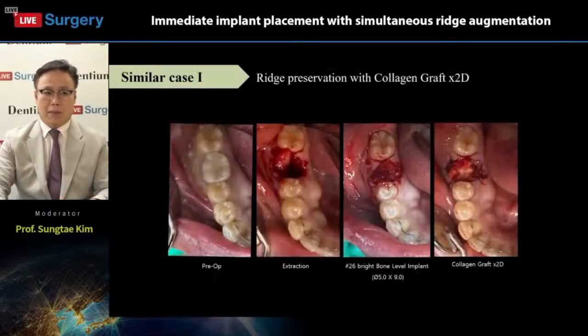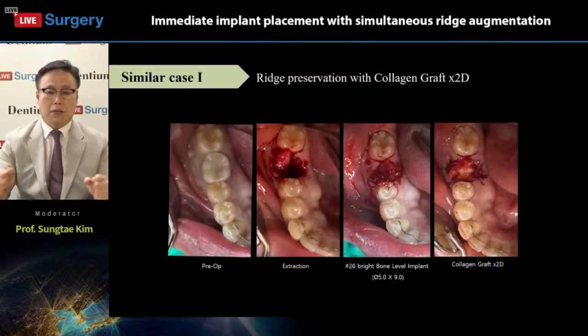So this is one example. After extraction of the first molar, instead of placing implant immediately, we choose the ridge preservation technique. We apply the bone graft material, OSTEON Xeno collagen.